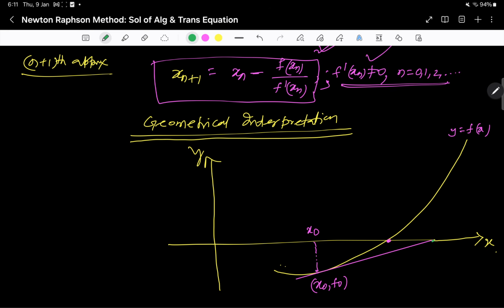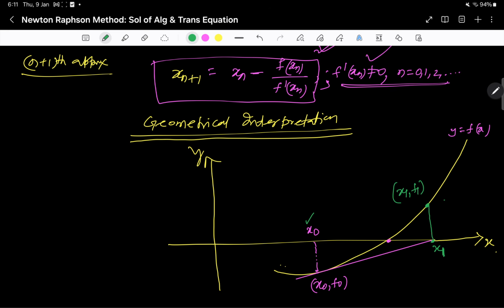Now suppose this meets the x-axis at x1. So now the corresponding point on the curve here is (x1, f1). x1, f1 is my corresponding point on my curve.